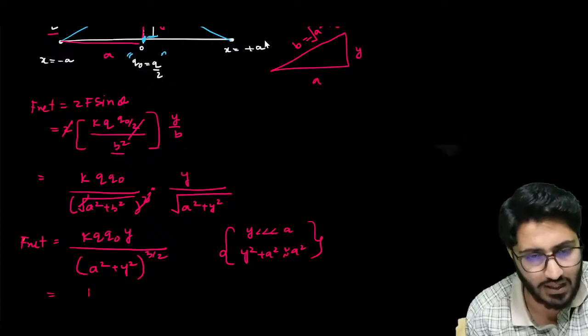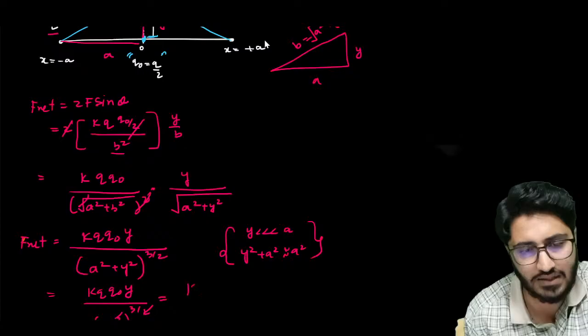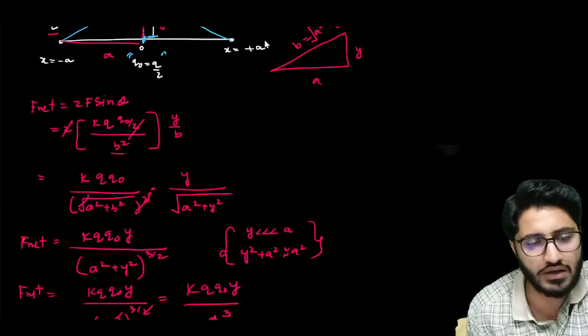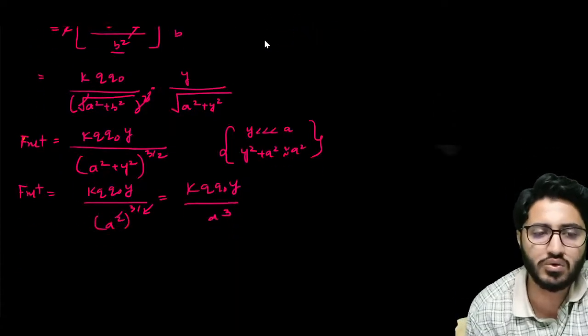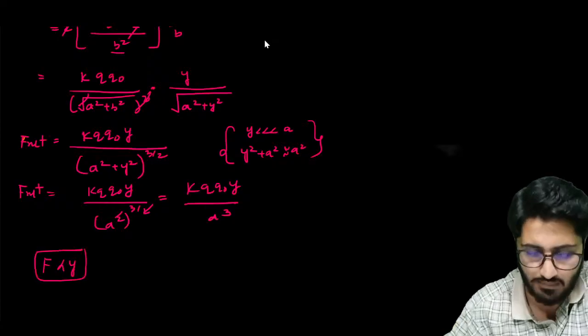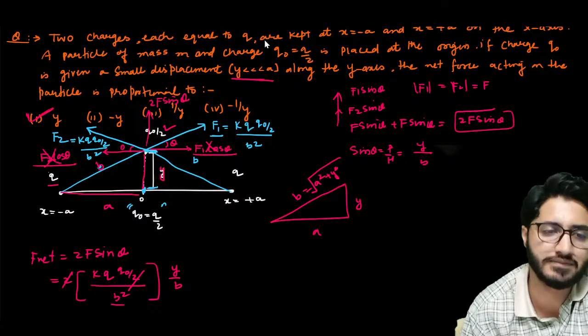So I can write K Q naught Y whole divided by A square to the power 3 by 2. The 2 cancels out. My answer is K Q naught Y divided by A cube. So from this equation, you conclude that my F is proportional to Y only. That means option first is correct.